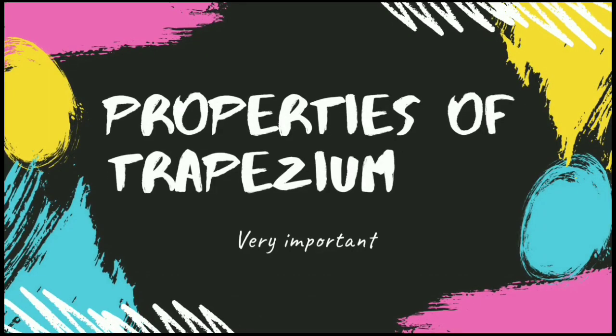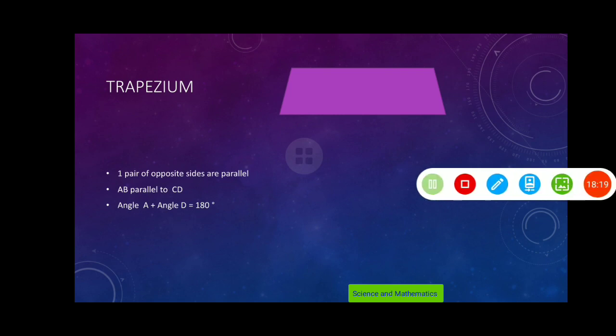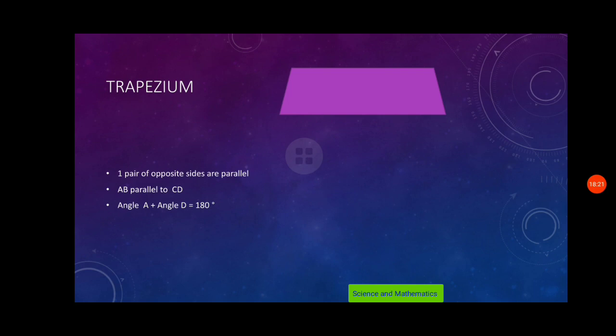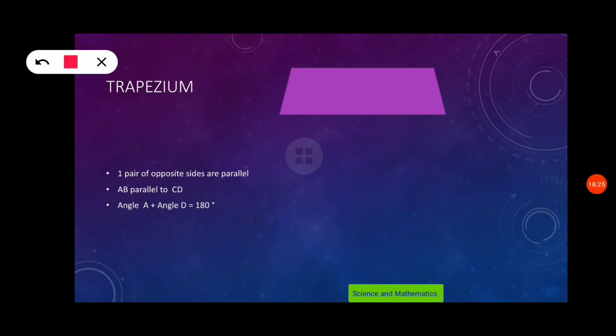Now our next quadrilateral, that is trapezium. Here there is one pair of opposite sides that are parallel. Let me mark it as ABCD for easy understanding. AB will be parallel to CD.